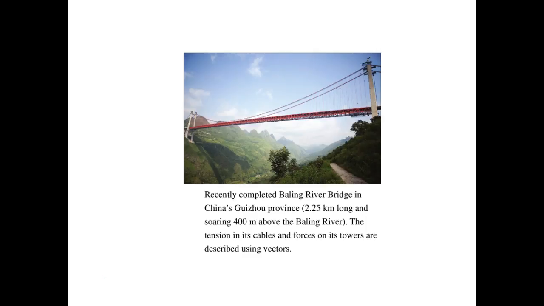Here, in the previous edition, they talked about the recently completed Bailing River bridge in China's Wuzhou province. A 2.25 kilometer long, that's a pretty long bridge, soaring 400 meters above the Bailing River, however you say that. The tension in the cables and the forces on its towers are described using vectors.